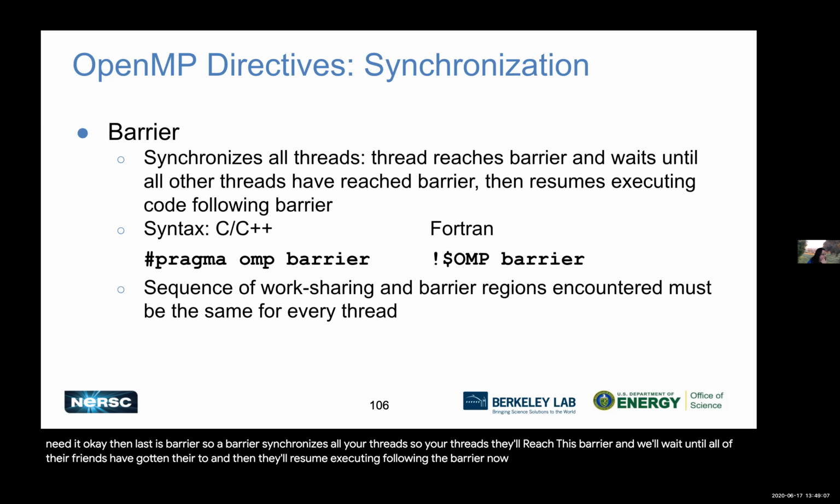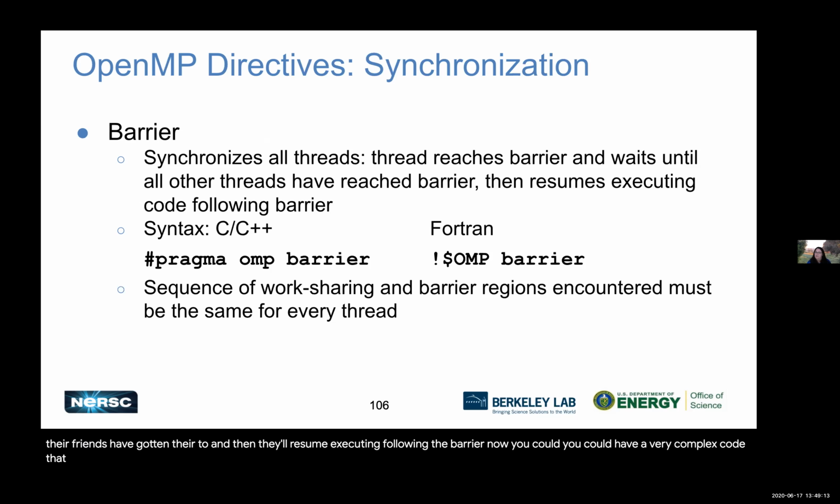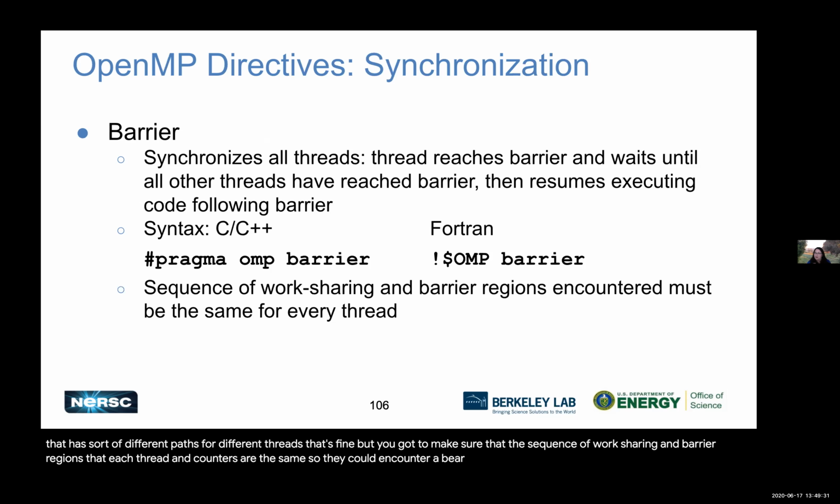Now, you could have a very complex code that has different paths for different threads, and that's fine, but you got to make sure that the sequence of work sharing and barrier regions that each thread encounters are the same. So they could encounter a barrier on a completely different branch of the code, but it needs to correspond.